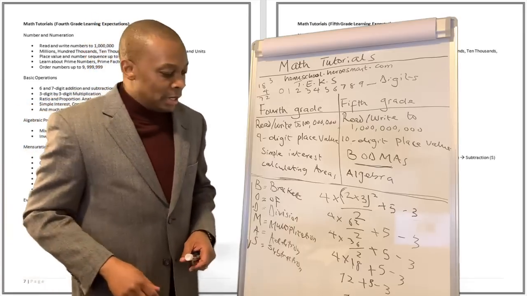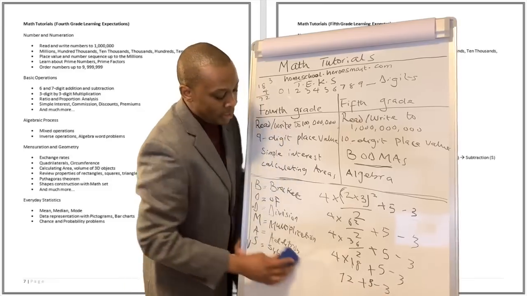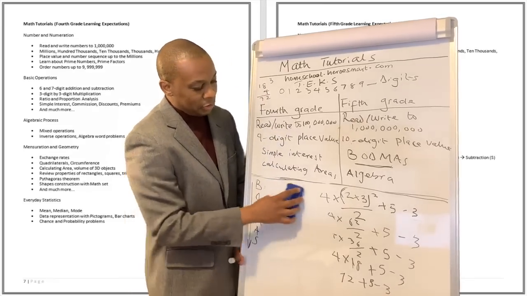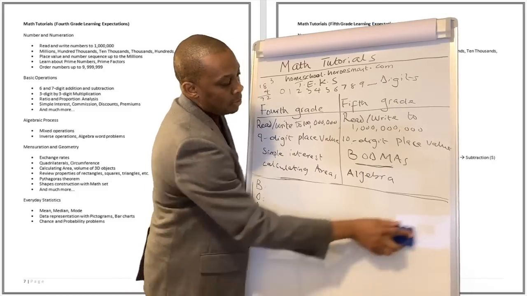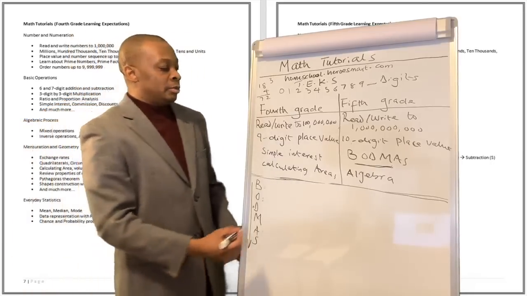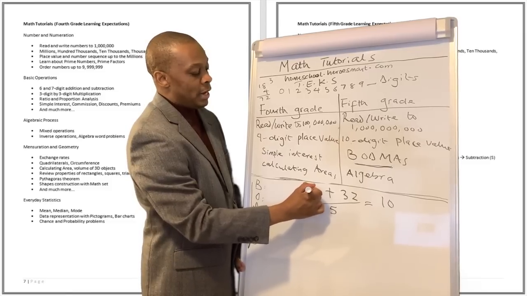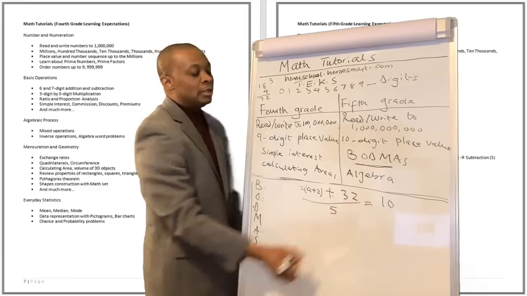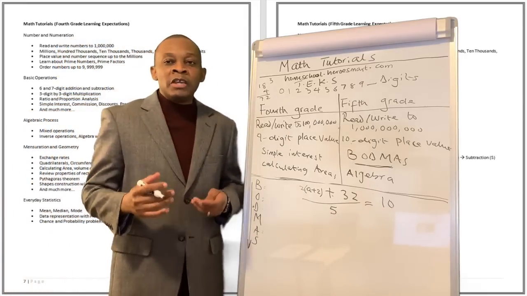So let's try to apply that understanding to solve a couple of algebraic problems right now. All right, I'm going to keep the BODMAS here still on the board, but I am going to create an algebraic problem. All right, so let us create an algebraic problem that says that (2a + 2 + 32) divided by 5 is going to be equivalent to 10. Well, how do I do this? Well, remember inverse operations.